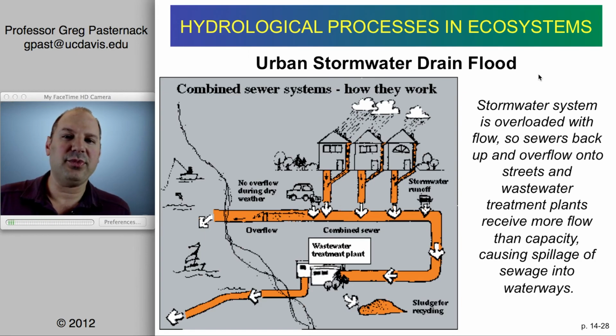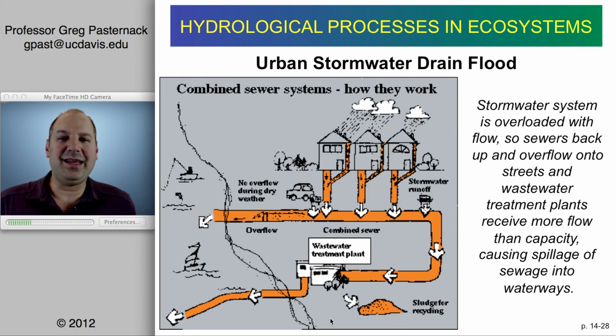So ideally, the waste from our homes would run through independent drain lines from what rainfall is contributing. But during normal operations, normal weather, you can have a combined sewer that goes to a wastewater treatment plant.